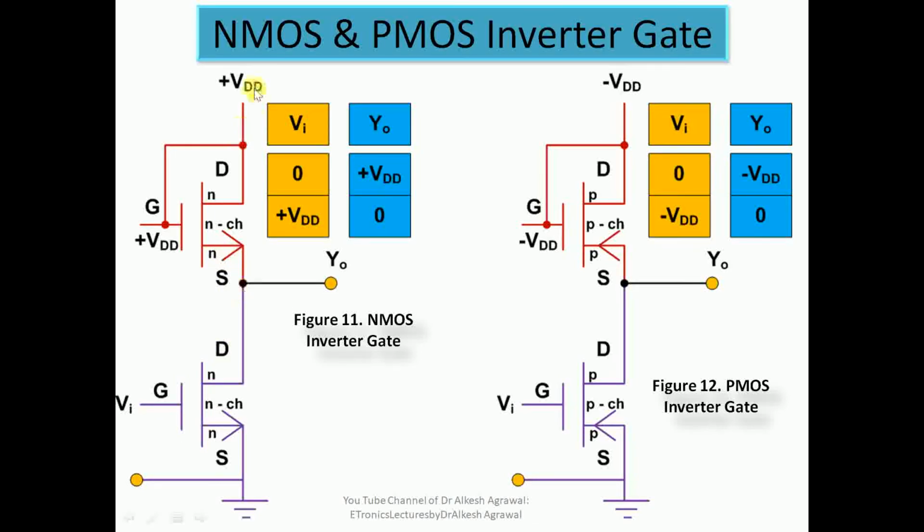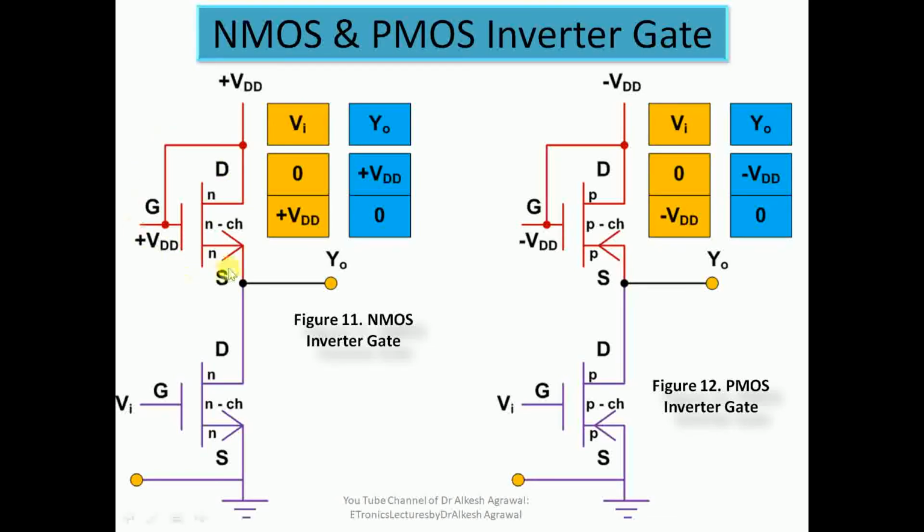A positive supply, plus VDD, is given because it's an N channel MOSFET, so a suitable polarity voltage at the gate will be positive. Here you can see the supply is connected, or shorted, to the gate in the upper transistor, because this transistor is acting as a load. It will always remain in an on state because it will always be given a positive polarity voltage at the gate.